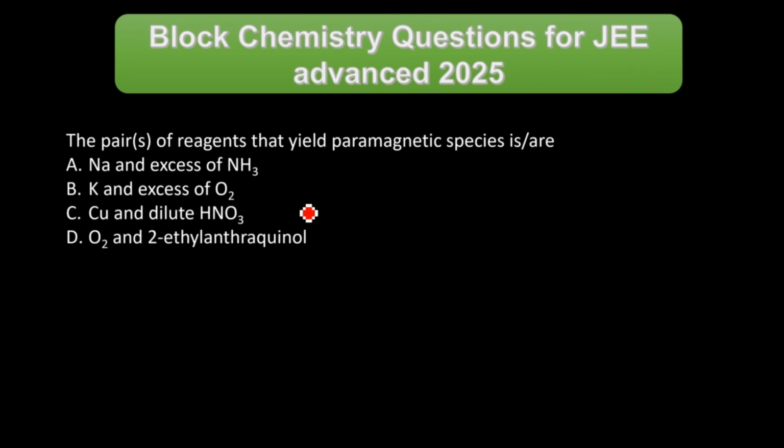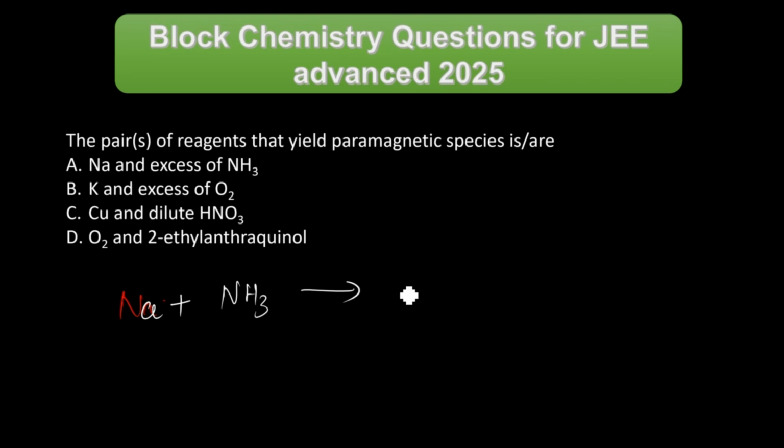Then moving on to the next question: the pair of reagents that yield paramagnetic species are... sodium with excess of ammonia. So what are the reactions happening over here? Sodium with ammonia will produce a complex, like the first question we have seen.